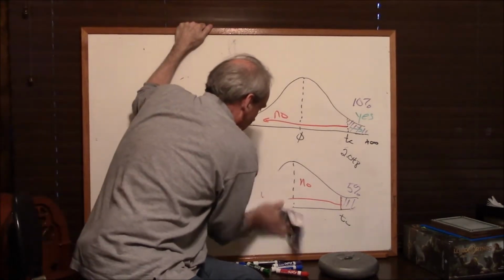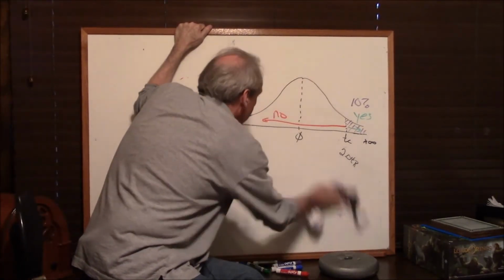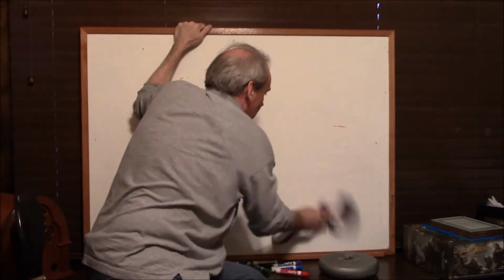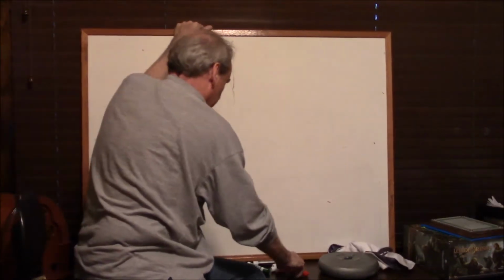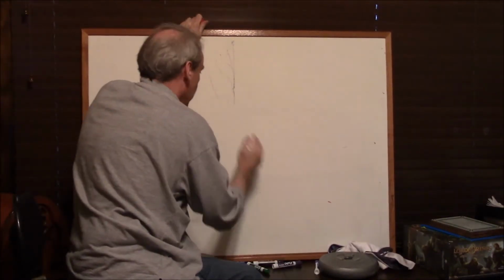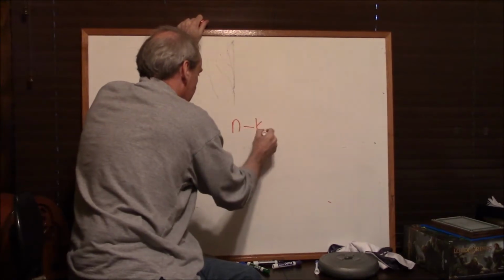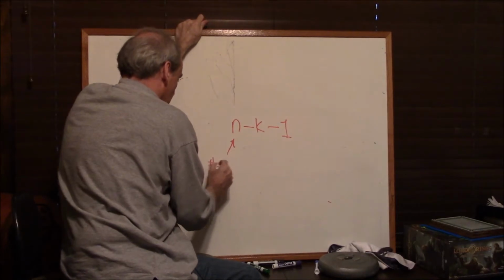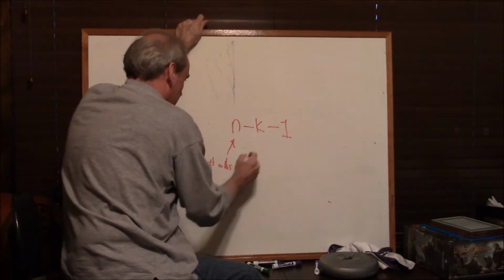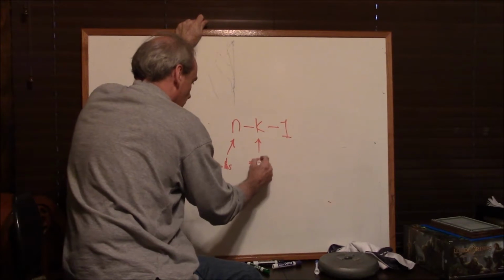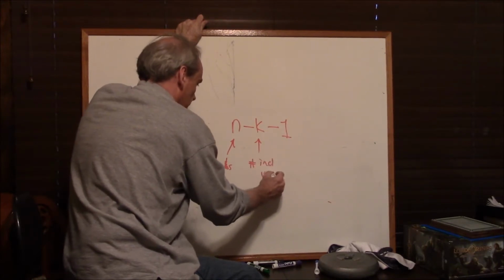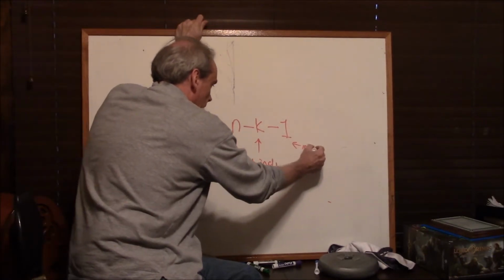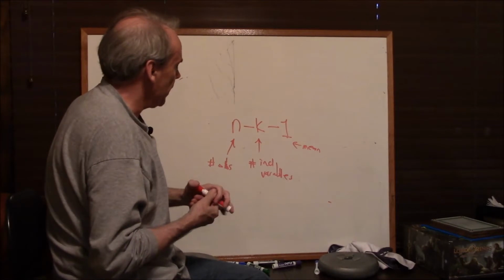I mentioned this in an earlier chapter, I don't remember which one it was. Degrees of freedom are equal to n minus k minus 1: the number of observations, minus the number of independent variables, and then minus 1 just for the mean.